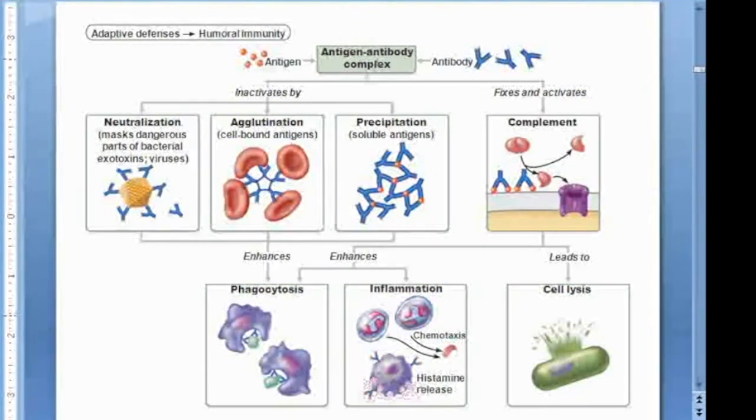Generically, antigen-antibody complexes, which is the good guy and which is the bad guy? Antigen's the bad guy. We fight by using antibodies. It's the good guy. Look here. See this? A P? Right? It causes precipitation. What is precipitation?